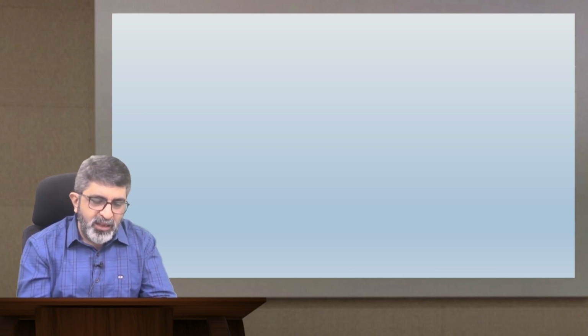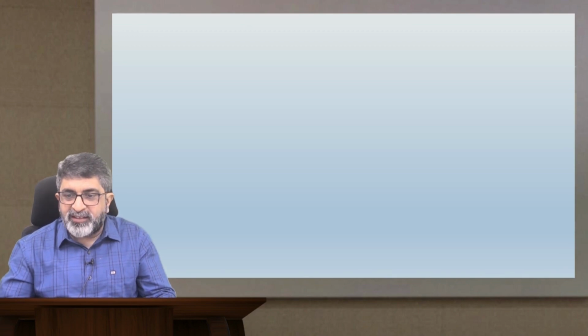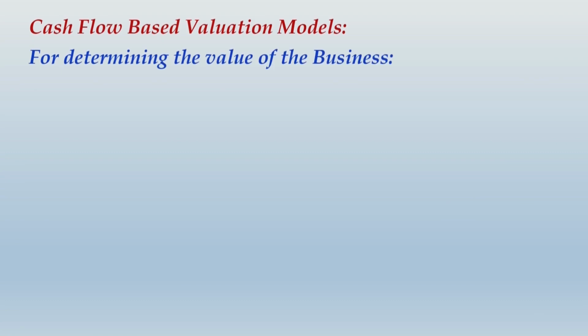So let us do one thing. Let us write some notes in this regard and then I take you ahead. In your notes, first write the heading: cash flow based valuation models. For determining the value of the business, you take V0 equals FCFF1 divided by KO minus G. Now please look at these variables. When you write V0, it is V0.